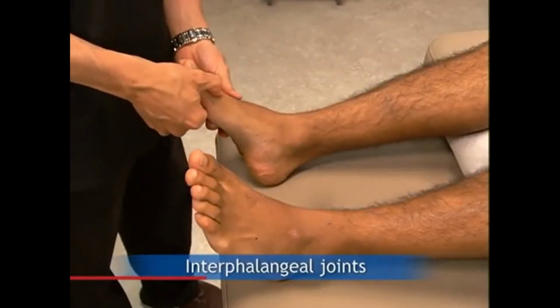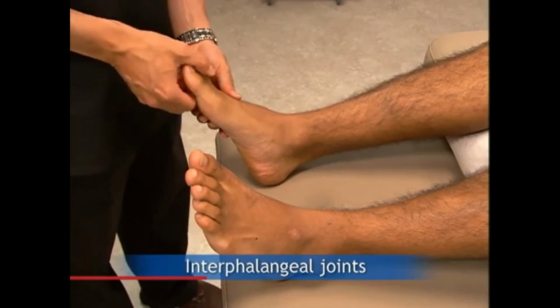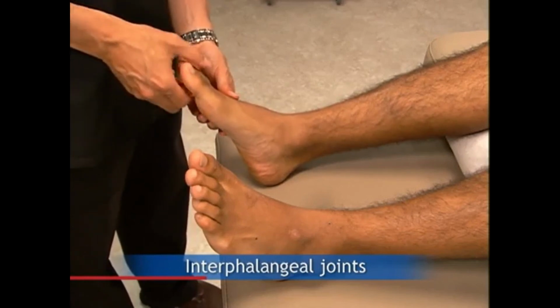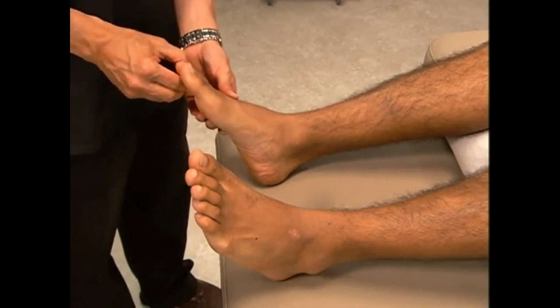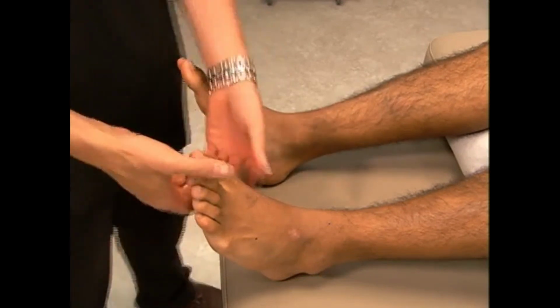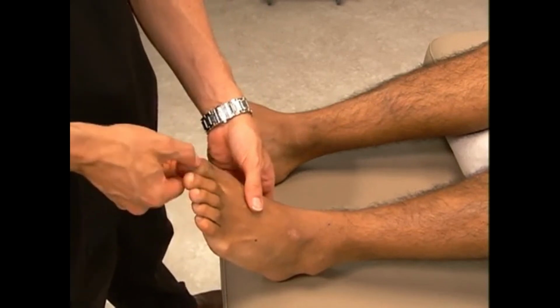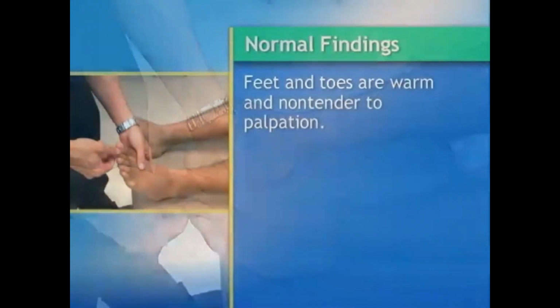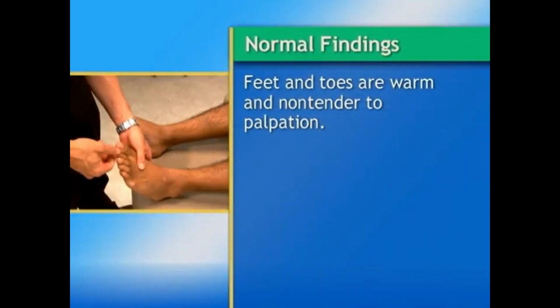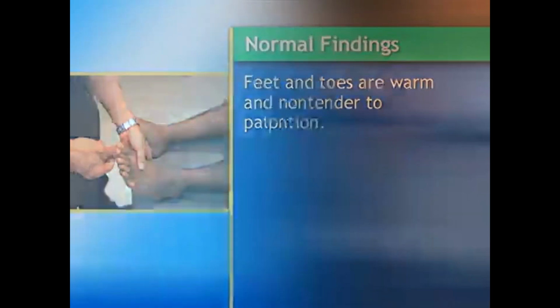Palpate the toes for tenderness, swelling, bony prominences, nodules, and crepitus at each interphalangeal joint, moving from the proximal to the distal end. Feet and toes are warm and non-tender to palpation.